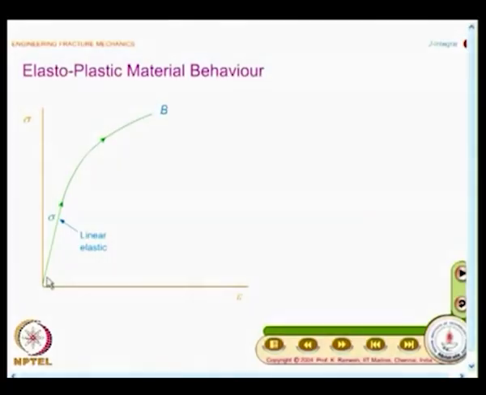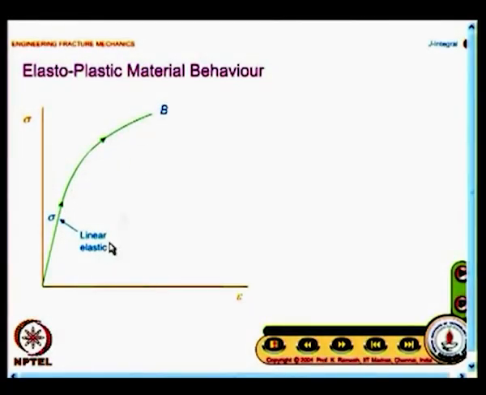When I unload, the unloading path is different. It is not the same as the loading path. This is a very key important information that you have to keep in mind. And what is its influence? When I have a nonlinear elastic curve, for every value of strain you have only one value of stress. There is no difficulty at all.